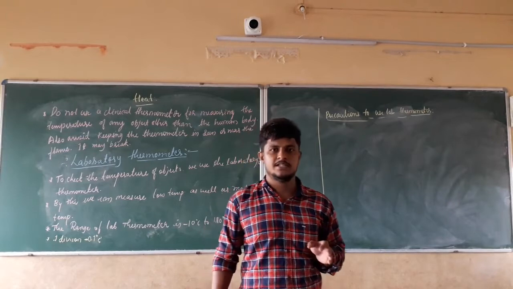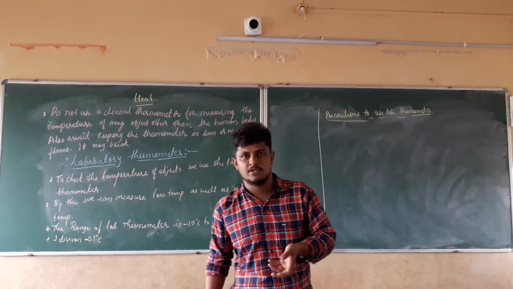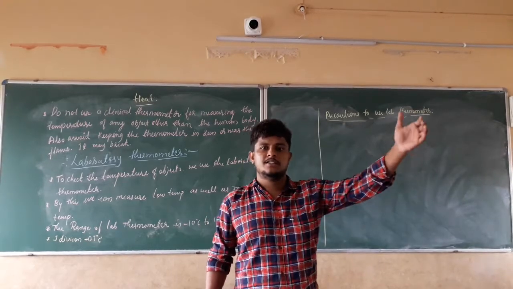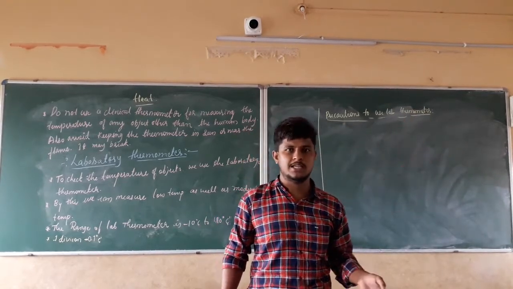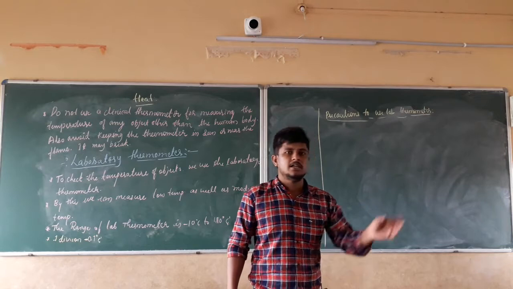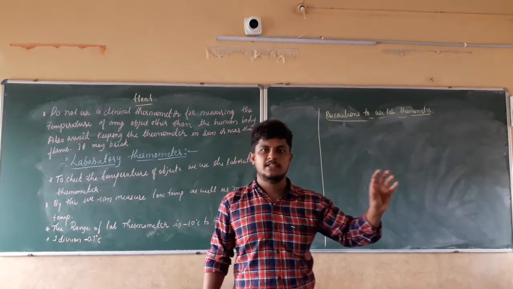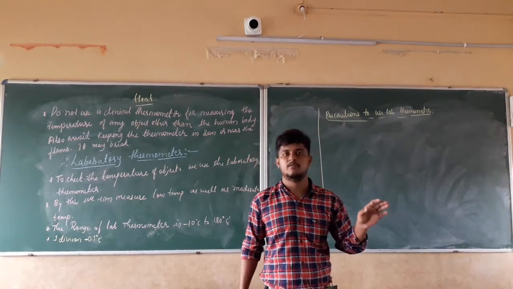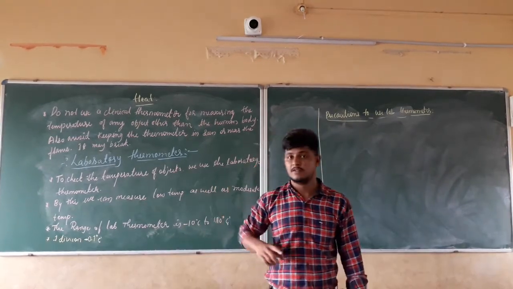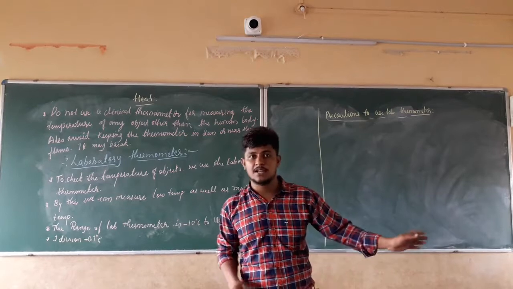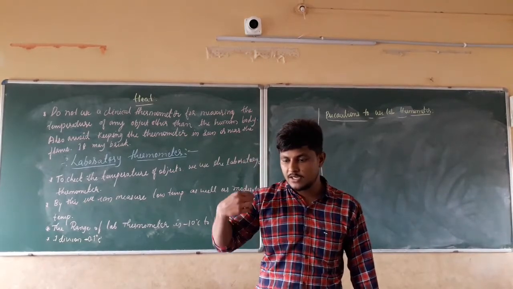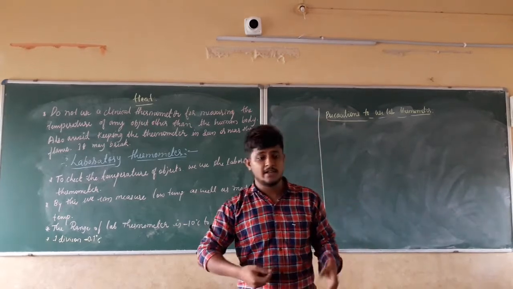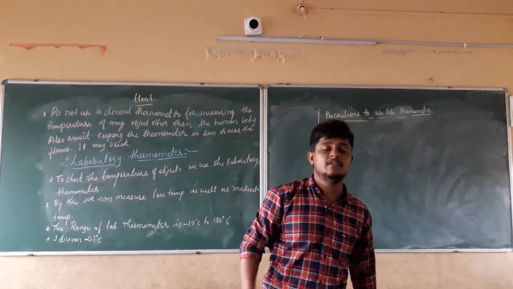Now it is winter, so the temperature will not be that high, but in the summer season the temperature may increase beyond 42 degrees Celsius. At that time the clinical thermometer may break or get damaged. For that reason we shouldn't keep it in sunlight, or near a flame.